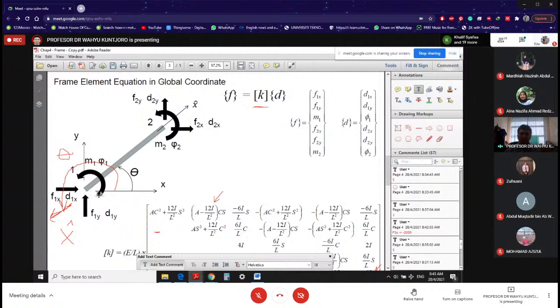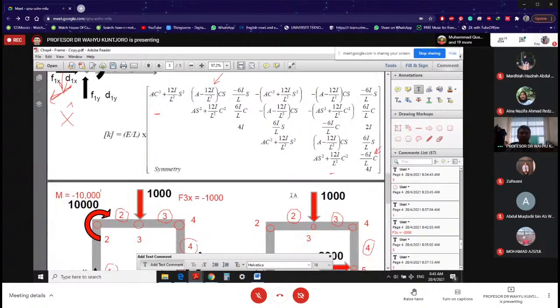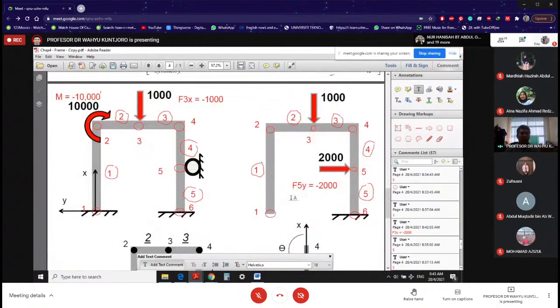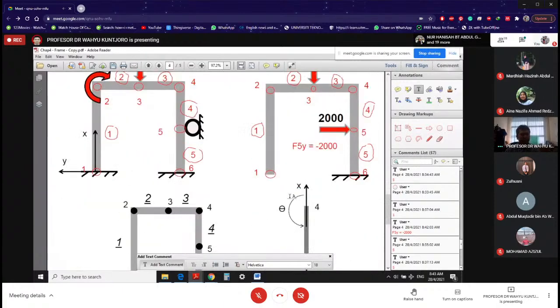And what is important to note is that the moment is always positive when it is counterclockwise. If it is clockwise direction, it is going to be negative. So I hope you see what we have over here.